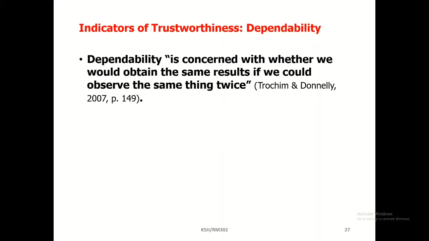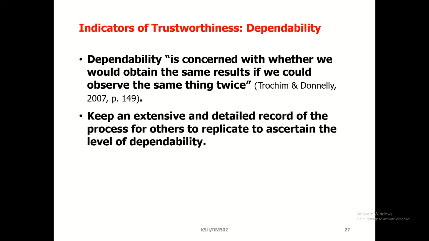Dependability is the third indicator. Dependability is concerned with whether we would obtain the same results if we could observe the same thing twice. A simple example is that 2 similar studies with the same objectives yield the same or similar findings about an issue.